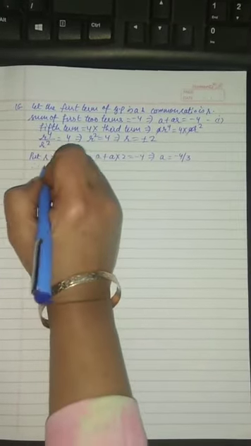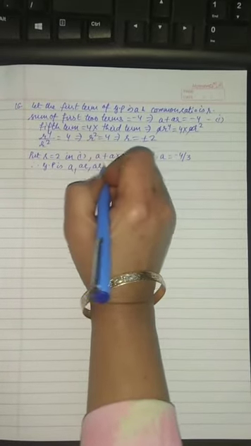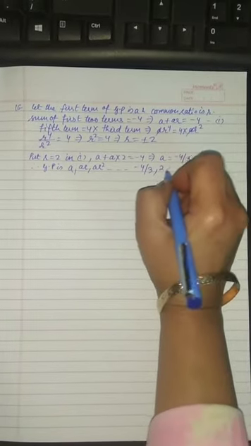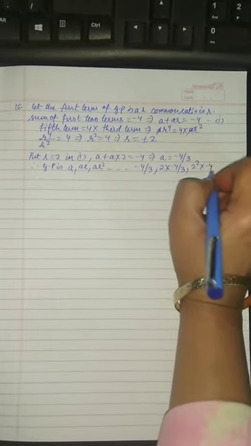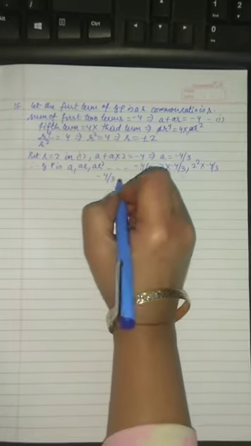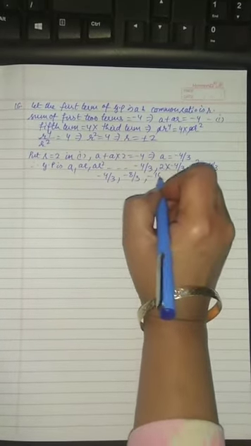Therefore the GP is A, AR, AR square and so on. A is minus 4 by 3, then 2 into minus 4 by 3, then 2 square into minus 4 by 3. It will give us the GP as minus 4 by 3, minus 8 by 3 and minus 16 by 3 and so on.